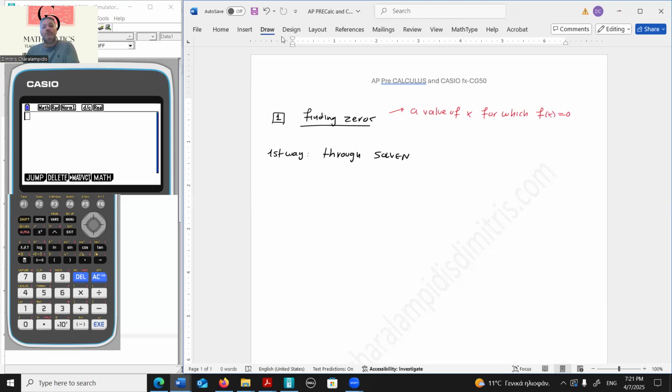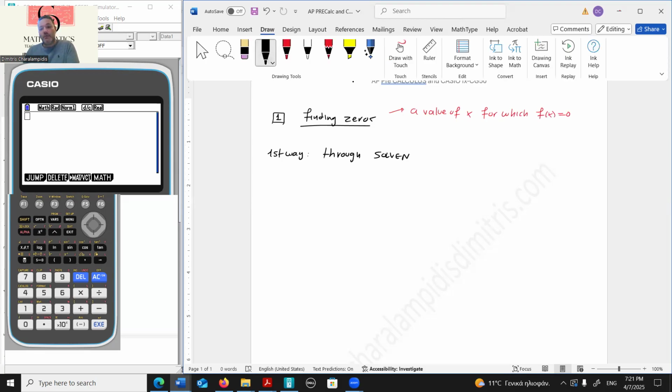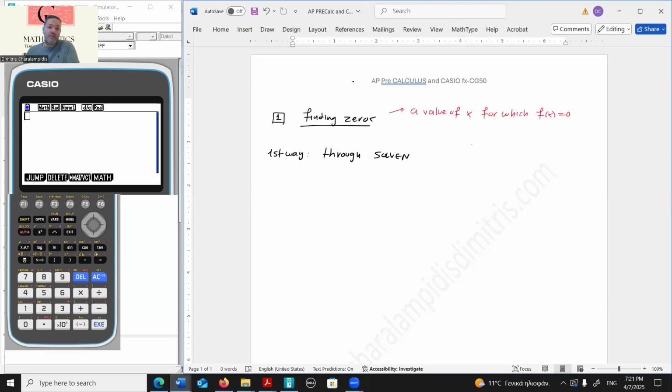Remember that a zero by default is a value of x for which f of x equals 0. So, assuming that we were being provided with the function, and assuming that the function was, let's say, f of x equals 5 over x minus 2, in order to find the zeros, I need to solve this.